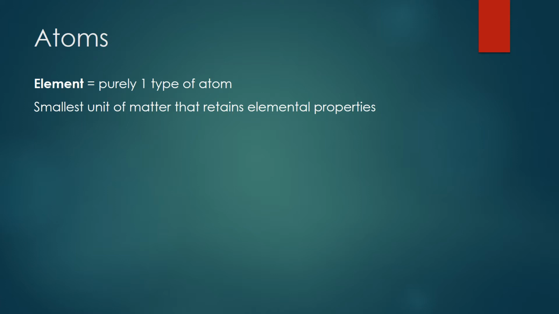An atom is the smallest unit of stuff or matter that retains its own elemental properties. And an element is a pure substance that's all made up of one type of atom. So there's gold elements, silver elements. These are pure substances that are made up of one type of atom.